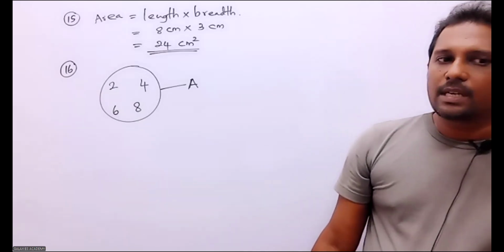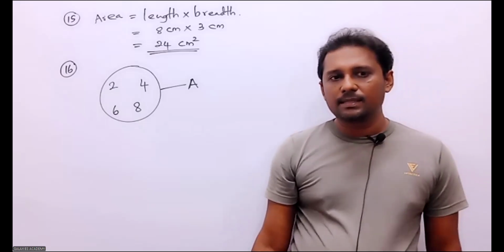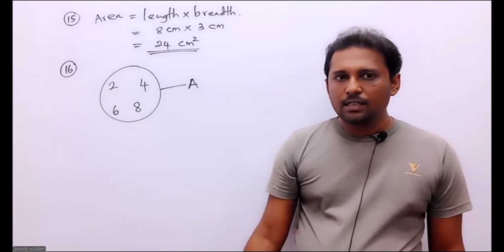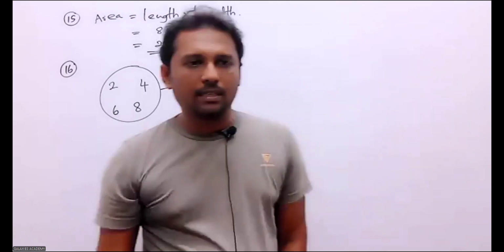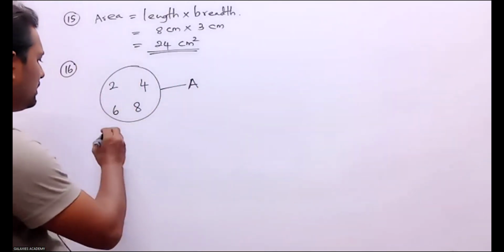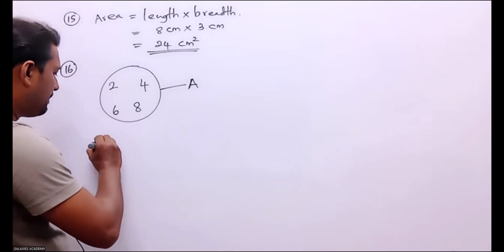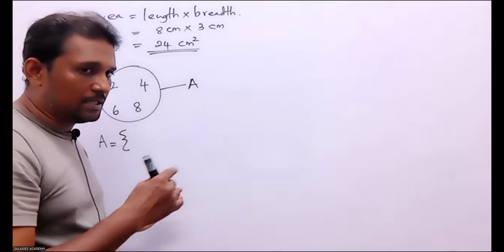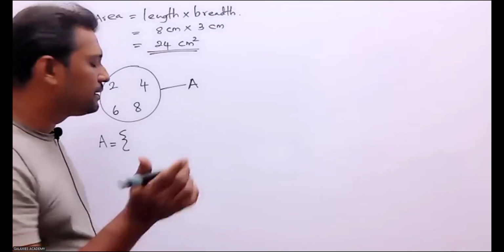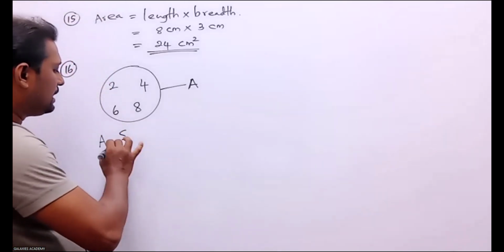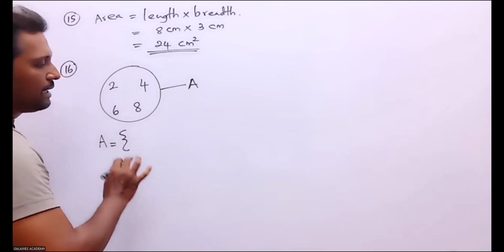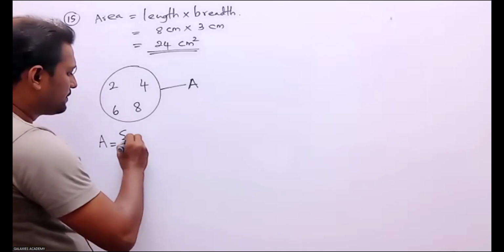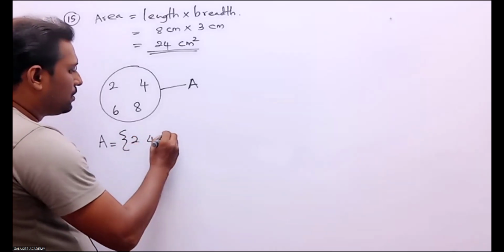You also studied another method to represent a set, the list of elements method. If you use it to represent this set, capital A equals, within curly brackets, you write the elements: 2, 4, 6, 8. This is an additional part, not asked in your paper.